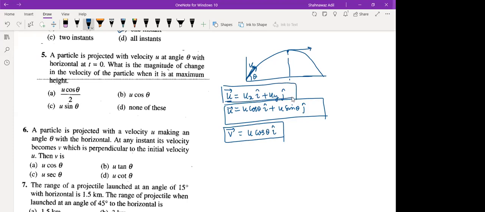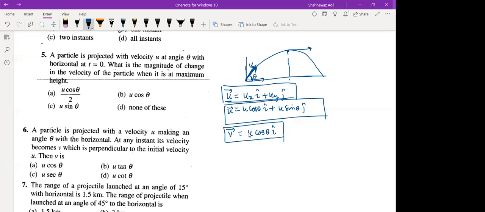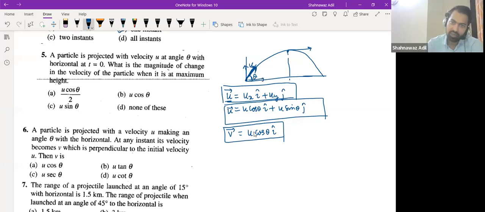How did u sin theta become 0? Okay. So at this point, you had two components, cos theta 1 and sin theta 1, right? But at this point, this has only the horizontal speed, right?